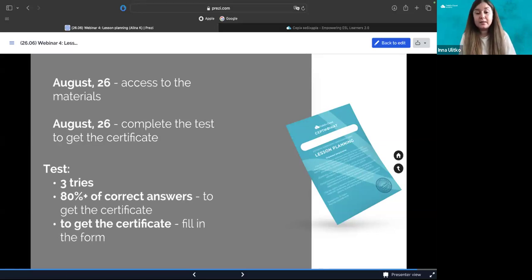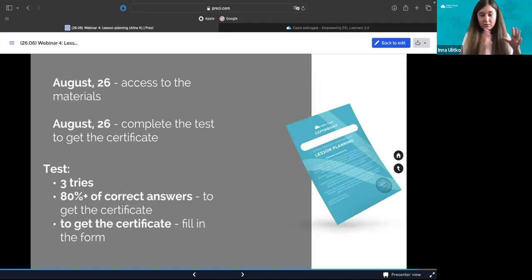I'm pretty sure that using 3 tries, you will be able to get 80% of correct answers. Then you will see the form, which we will ask you to fill in. You need to fill in the form to get the certificate.